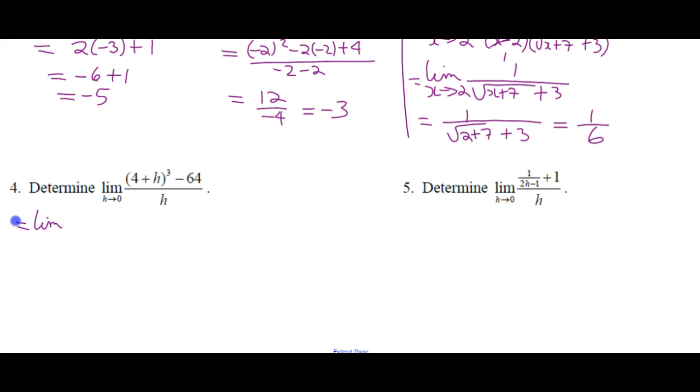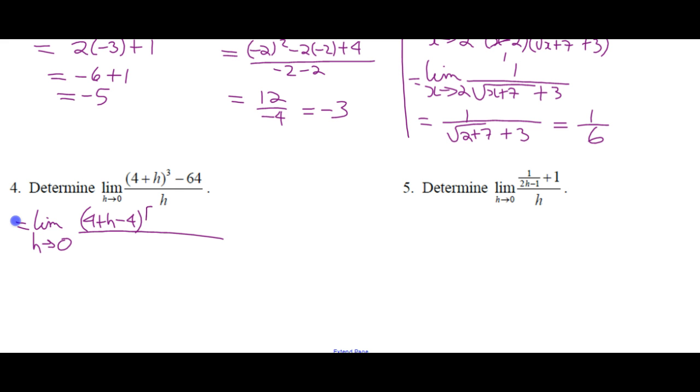Well, limit. So what is that? It's 4 plus h. Okay, that's the cube root of that. Minus 4. Actually, let's just hang on. Let's clean that up a bit. So 4 plus h minus 4.